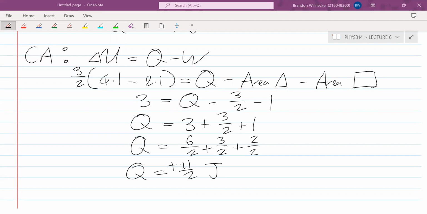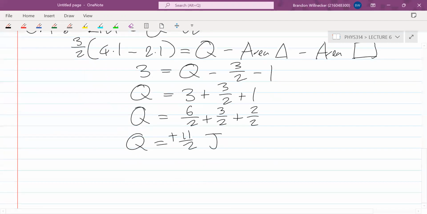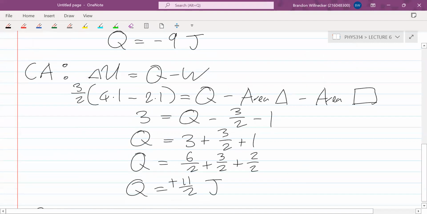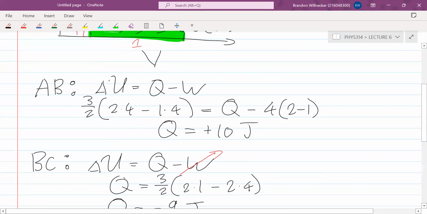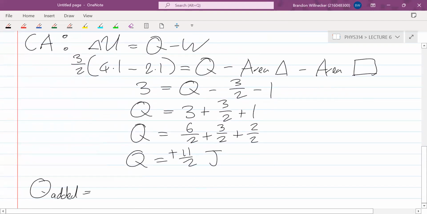If we want to work out the total amount of Q added, that's going to be the 10 joules that we added for process AB and 11 over 2 joules for process CA.